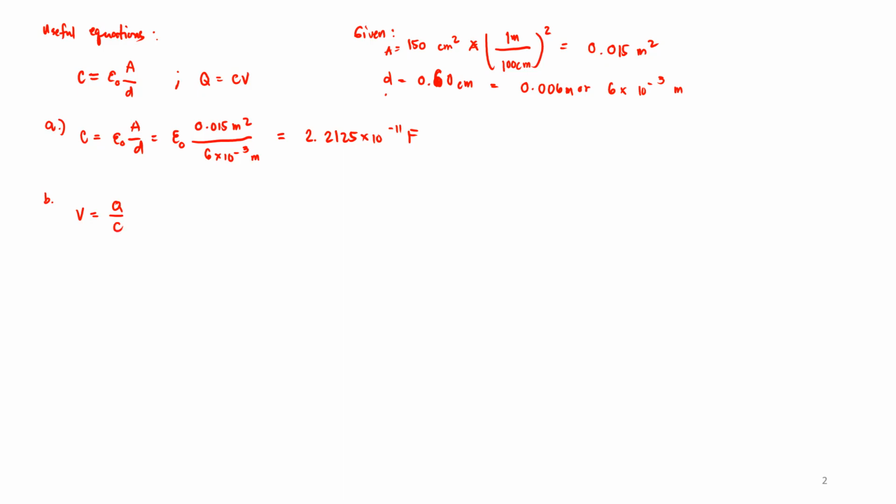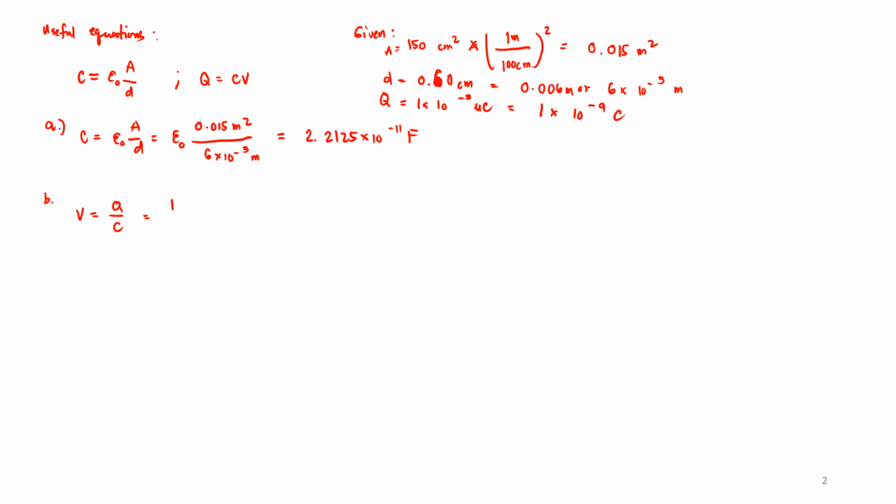So we are given a charge. The charge that the capacitor should hold is equal to 1 times 10 to the minus 3 microcoulomb. So this means that this is equal to 1 times 10 to the power of negative 9 coulomb.